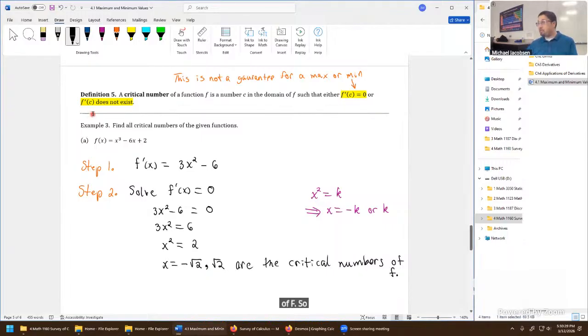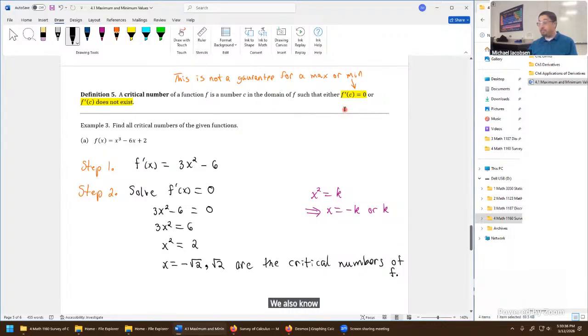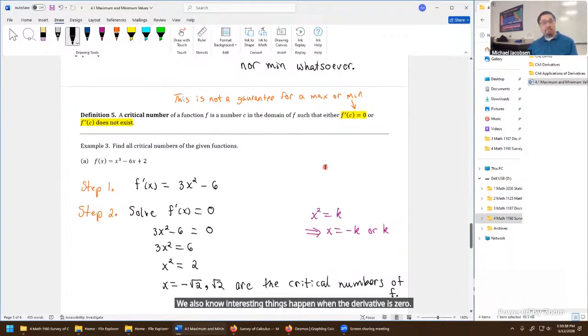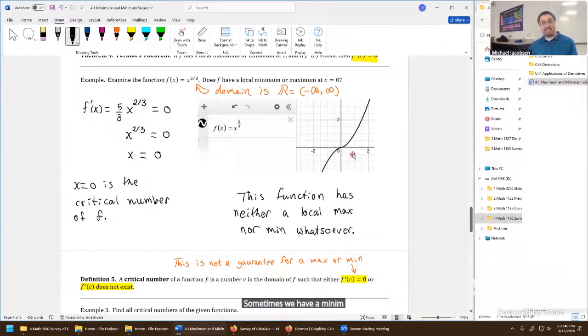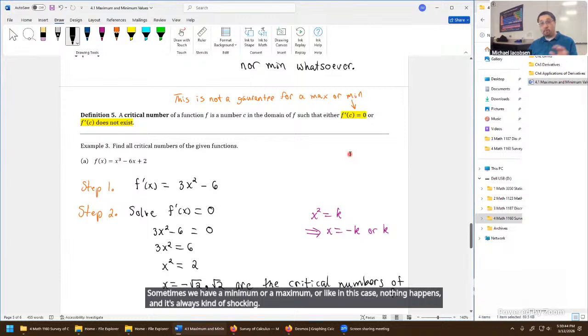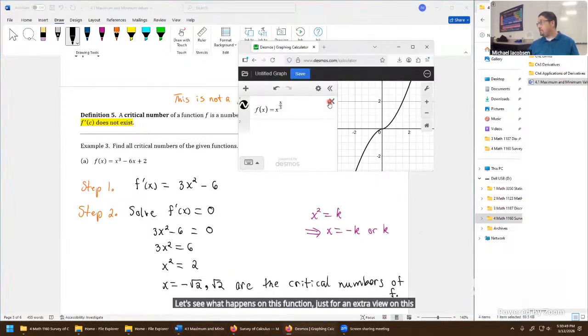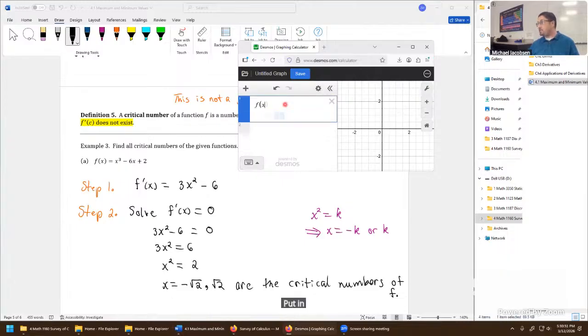So as far as this example went, that's all we were trying to do, look into the critical numbers. We also know interesting things happen when the derivative is 0. Sometimes we have a minimum or a maximum, or like in this case, nothing happens, and it's always kind of shocking. Let's see what happens on this function, just for an extra view on this. Put in the function f of x equals x cubed minus 6x plus 2.